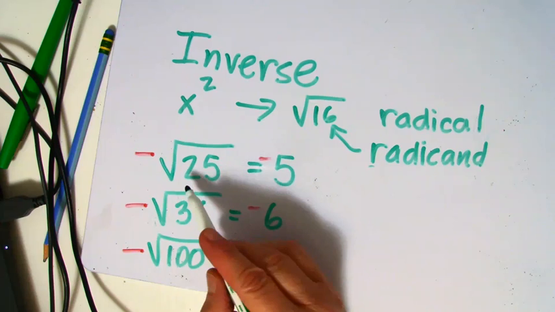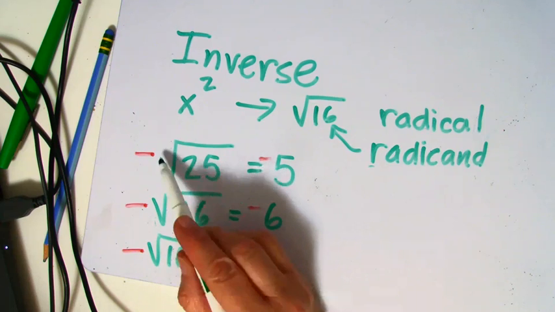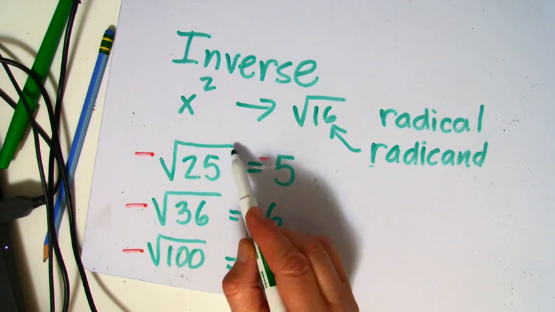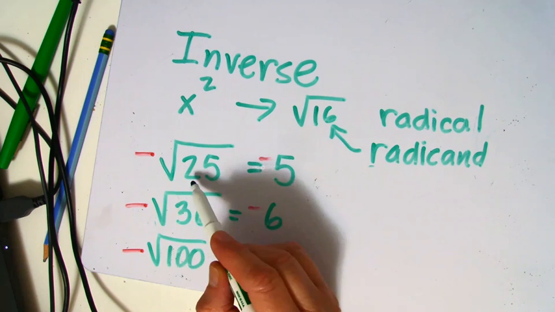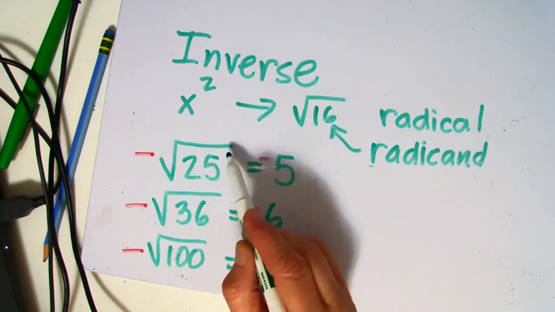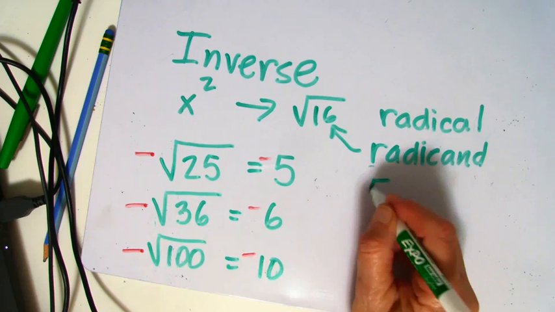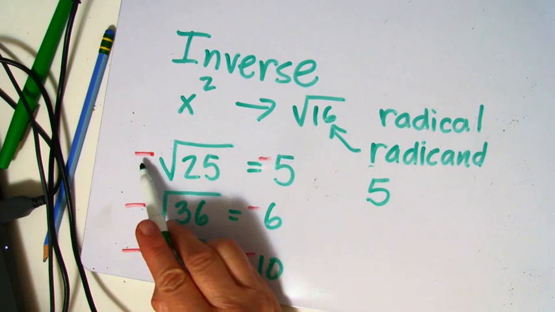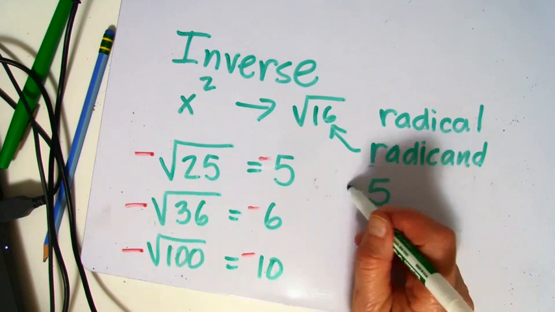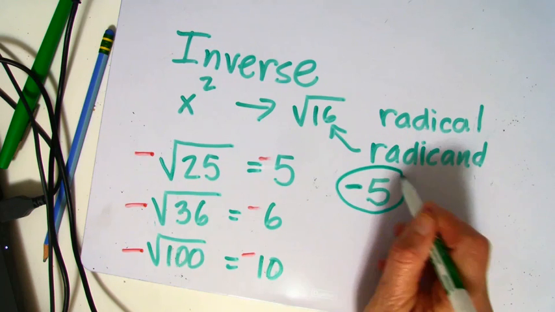When we're solving or simplifying, you can think of this radical sign as similar to a grouping symbol, like a parentheses. And we're going to simplify this first. So the square root of 25 is 5. Now we are going to deal with this negative. So we need to bring that in, and that's where we get the negative 5.